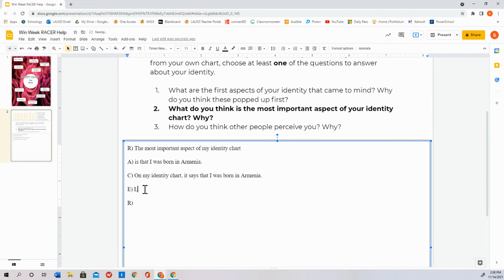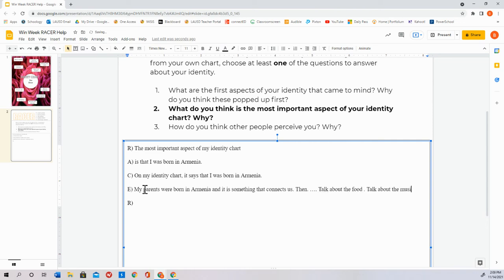So tell me, it was important that I was born in Armenia. You know, on my identity chart it says that I was born in Armenia. My parents were born in Armenia, and it is something that connects us. You know, and then talk about the food.